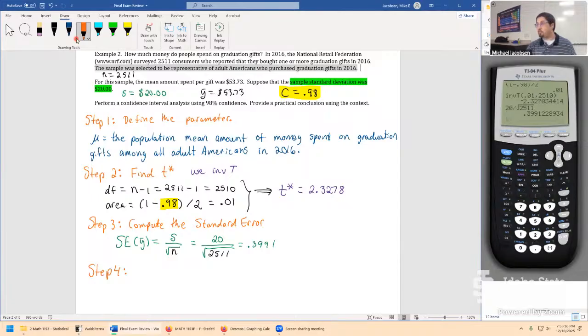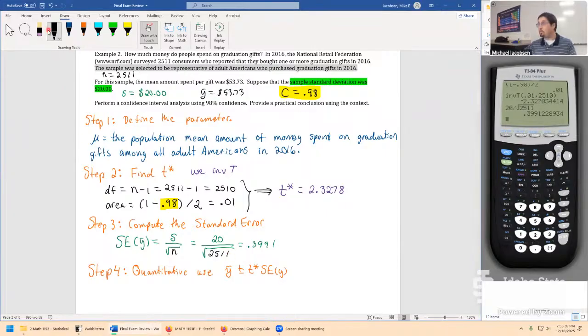Okay, let's say for step 4, if your data is quantitative, use this formula. It'll be y bar plus or minus T star multiplying standard error of y bar. So quantitative variables gives us this formula.